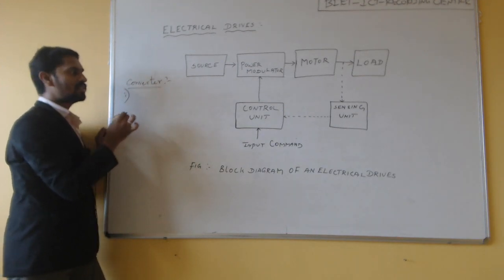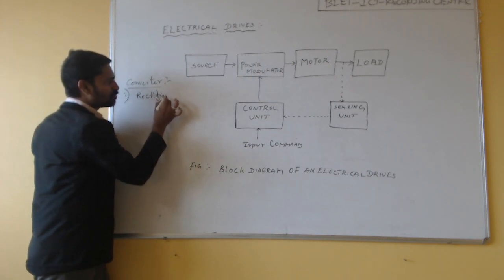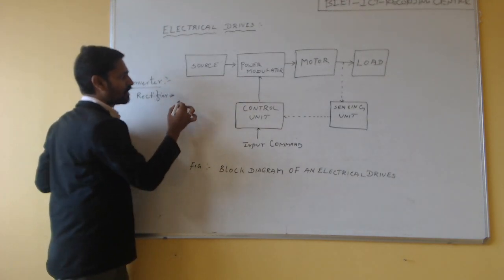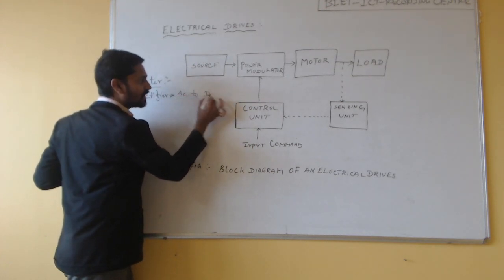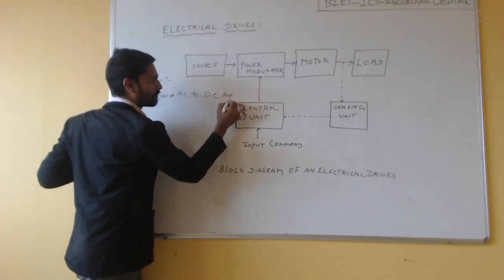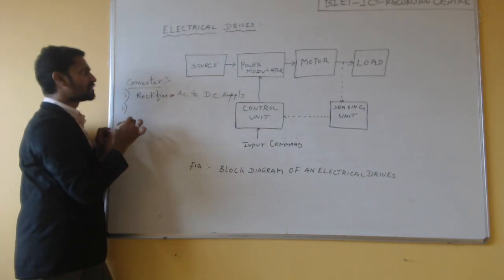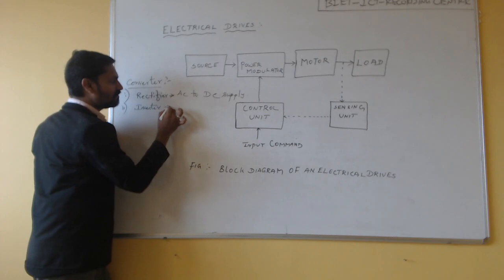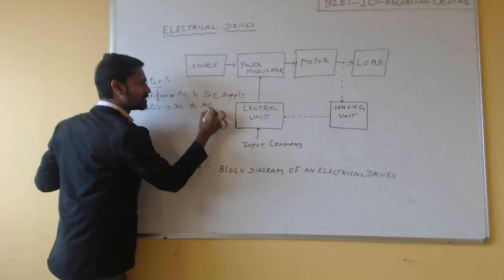First one is the rectifier. A rectifier is used to convert the fixed AC supply into DC supply. Second one is the inverter. The inverter will convert the DC supply into AC supply.